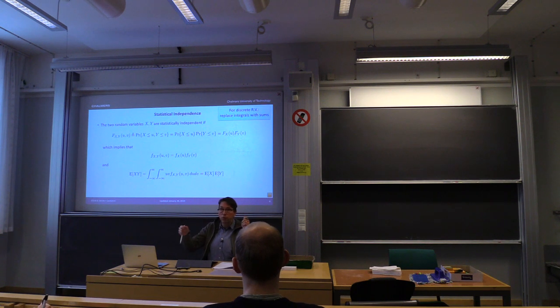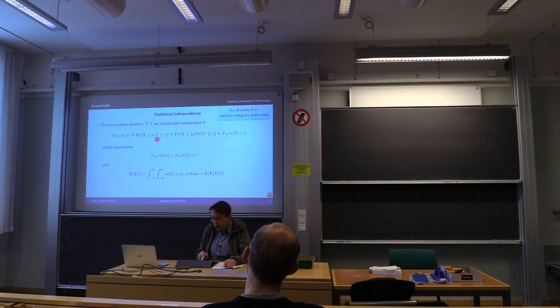Okay, so we have two random things, and we would like to characterize the joint probability that these two random variables take on certain values. Now, if two things are statistically independent, that is when this equality holds.